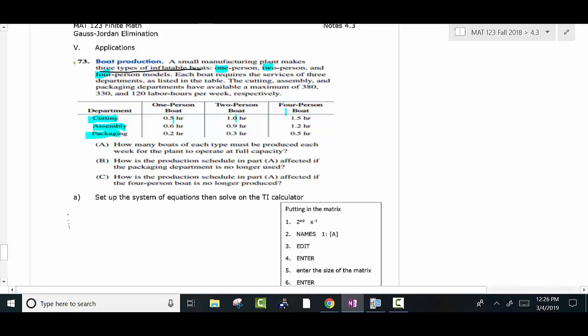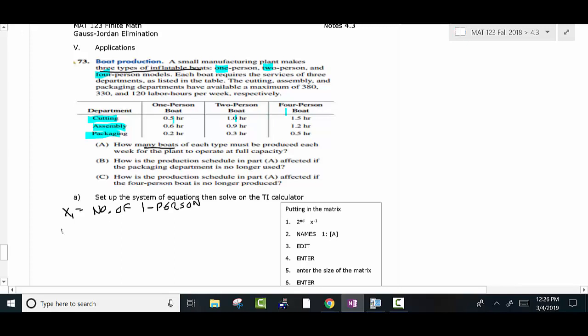So what we want to do to start with is, this is what everything means in this problem. When you read the question, it says, how many boats? And that right there tells you what your unknowns are. So you want to write down x1 is going to be the number of 1-person boats. It's always good to write down what these variables mean.